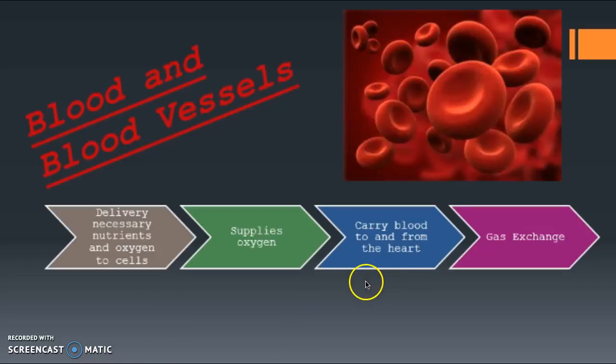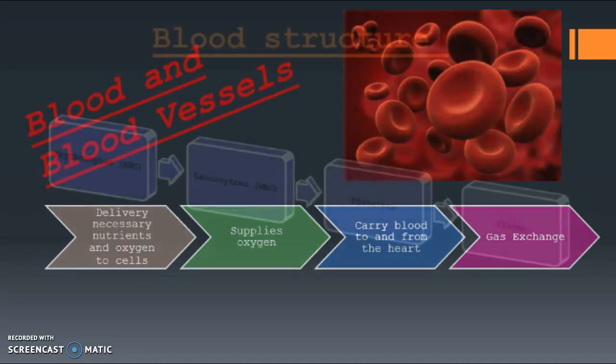Also removing waste such as carbon dioxide, urea and lactic acid. It also has immunological functions, including circulation of white blood cells and detecting foreign materials by antibodies. And it's also a messenger, including the transportation of hormones and the signalling of tissue damage.